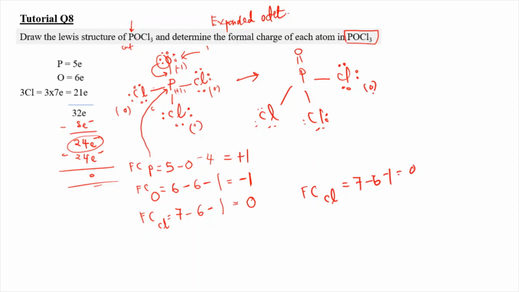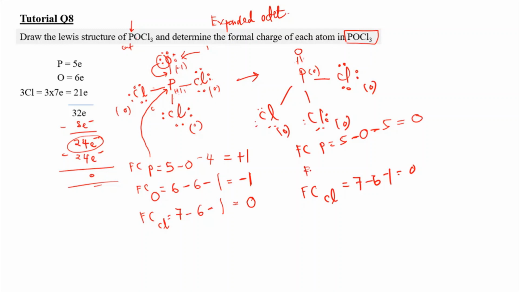So the formal charge here is 0, here is 0, here is 0. And then the formal charge of the phosphorus: it will have 5 valence electrons, minus 0 lone pair electrons, minus the bonds, counted one by one, 1, 2, 3, 4, 5. 5 bonding pairs, so you're going to get 0 formal charge here.